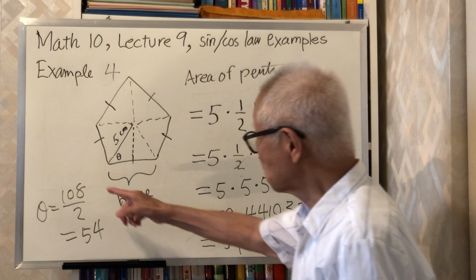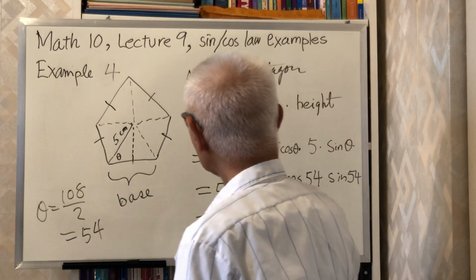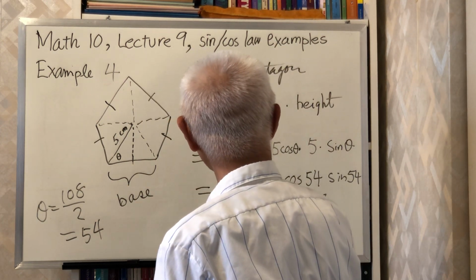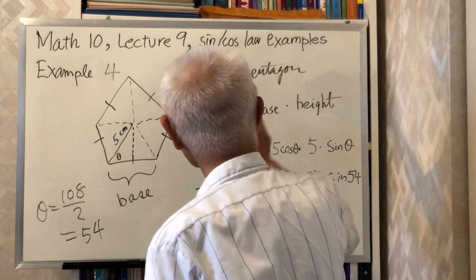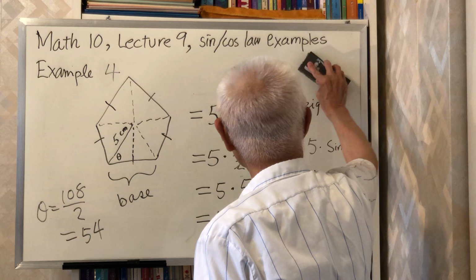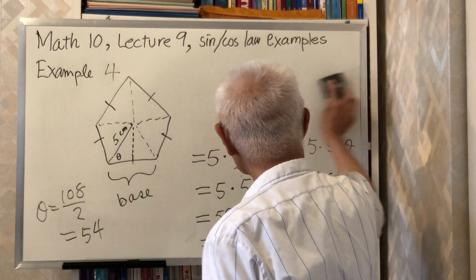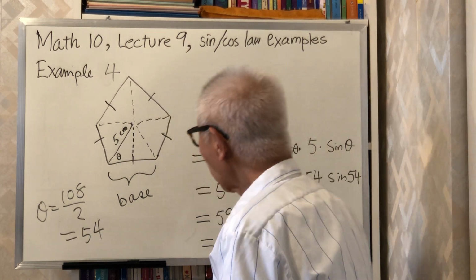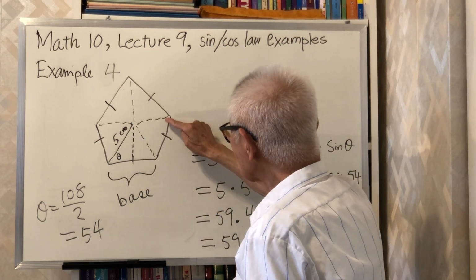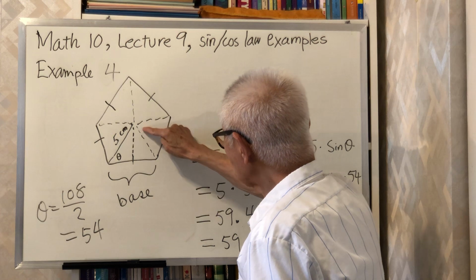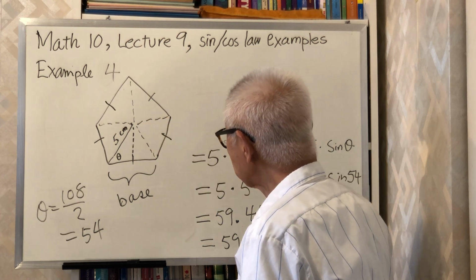So why is this 108 divided by 2? Okay, I need to show you why this is true. I have 5 triangles, and if you add the 3 angles of each triangle, you get 180.